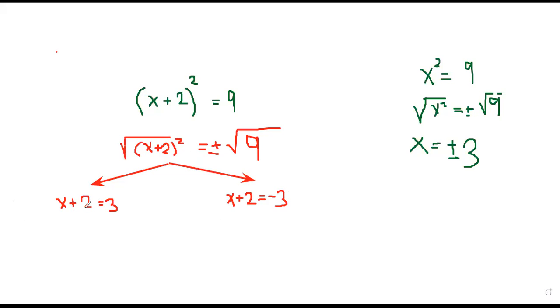Then we transfer 2 to the opposite side, which means x equal 3 minus 2, so the answer is 1. Or we transfer 2 to the opposite side, then x equal negative 3 minus 2, so the answer is x equal negative 5.